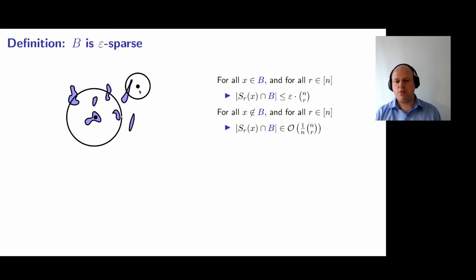And if we pick any search point x outside B, the fraction of elements in the Hamming sphere with radius r around x that fall within B should be at most 1 over n.